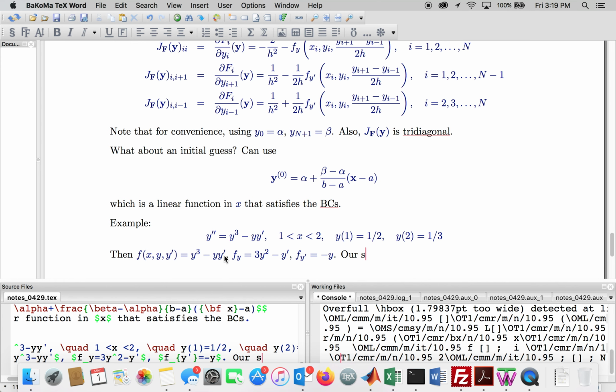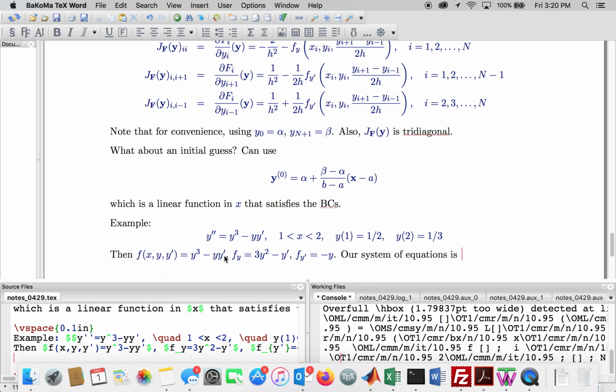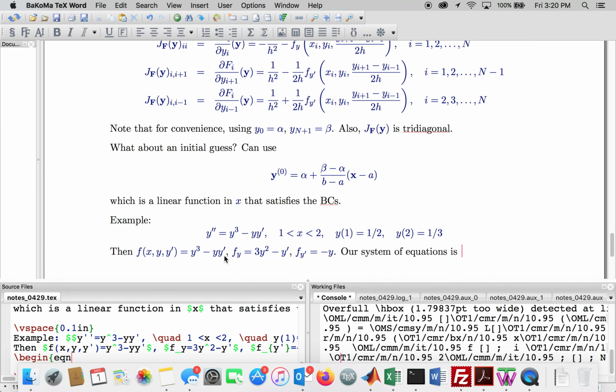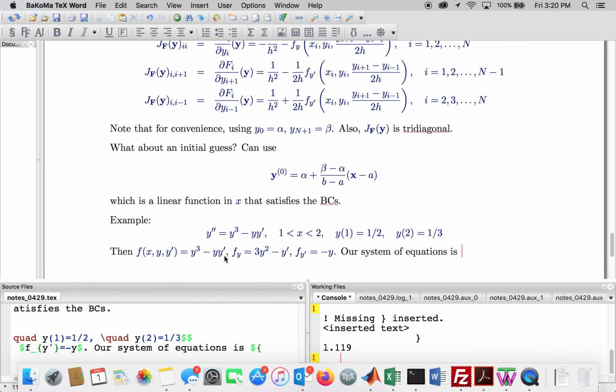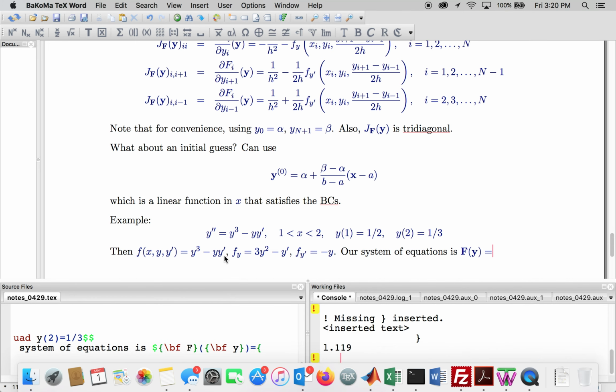So our system of equations to solve is the following. Okay, so it has a form f of y equals 0.